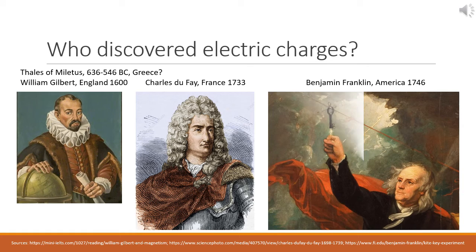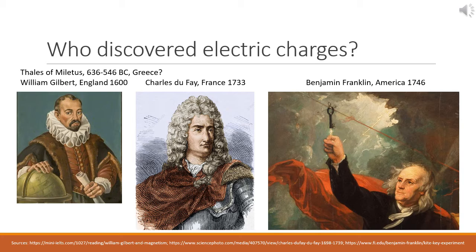After observing and doing electricity experiments in 1746, the famous Benjamin Franklin from America renamed vitreous charge as positive charge and resinous electricity as negative charge. Why he used this positive and negative convention is not known, but since then it has never been changed.